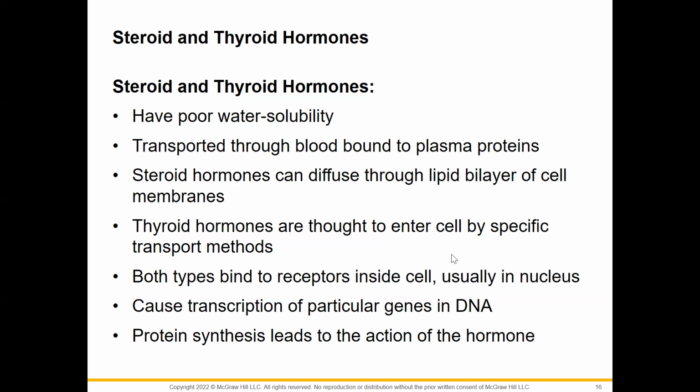So once that hormone gets inside the nucleus and binds to that receptor, then the signal, the communication is, let's start making products from this particular part of the DNA, this particular blueprint of the DNA. And that's protein synthesis. So we're actually going to make some type of protein from this DNA sequence that will then lead to the action of the hormone.